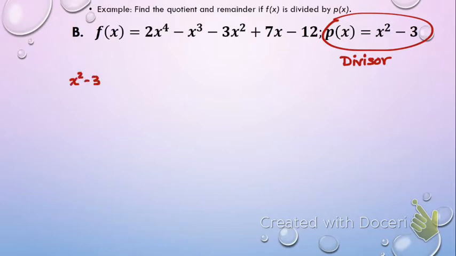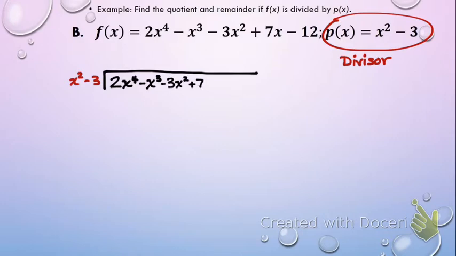My dividend is what goes underneath: 2x to the 4th minus x cubed minus 3x squared plus 7x minus 12.